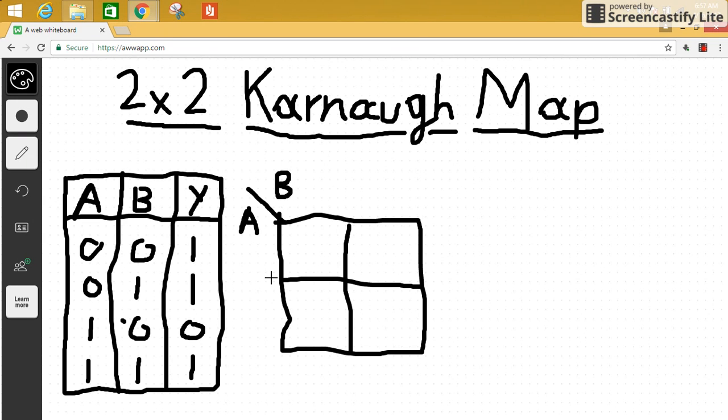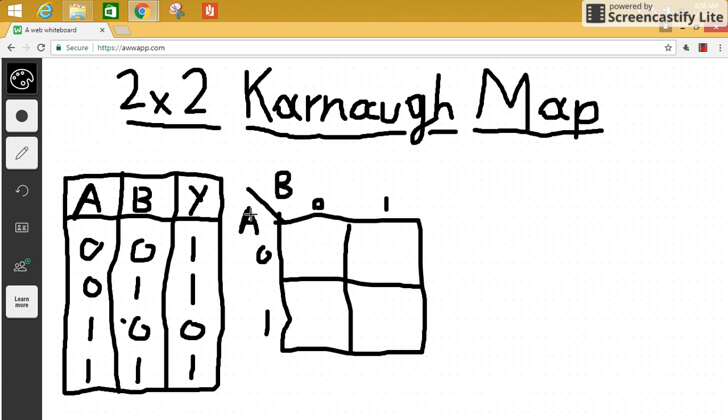Now we're gonna write the minterms for A and B. Since we have two inputs here, the minterms that we have are 0, 1 for A and 0, 1 for B. For the first case, A equal to 0, B equal to 0, we have an output of Y equal to 1.